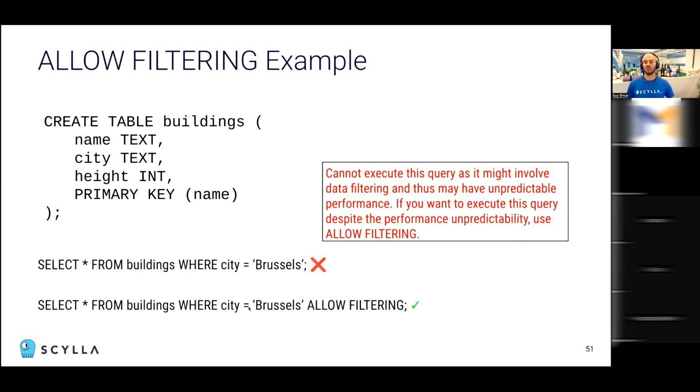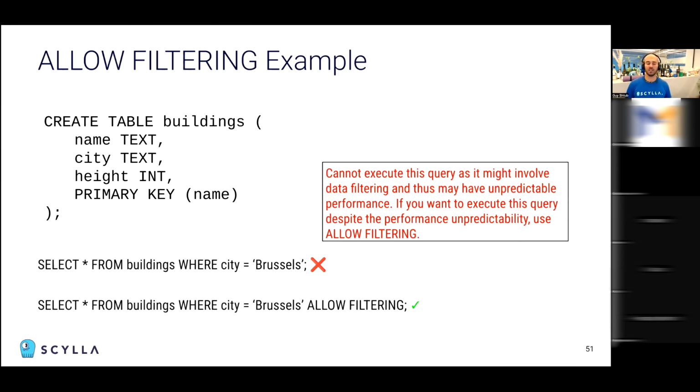Okay. Now, when we use this, we have to think about it and know what we're doing. There are cases where it makes sense to use allow filtering, and there are cases where it doesn't. Think of a big database, I don't know, having 60 nodes in our cluster with, I don't know, hundreds of terabytes, and using allow filtering might take a lot of time and take up a lot of resources as we're scanning all the table throughout the different nodes.